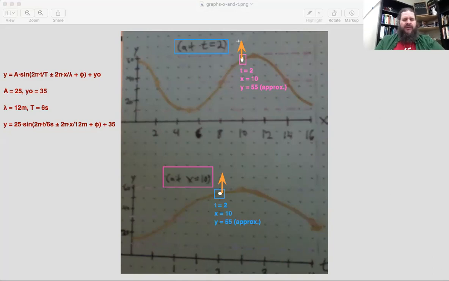So let's try drawing this out. If we have this shape of wave, and let me draw this so we can move it around. This shape wave, like so.